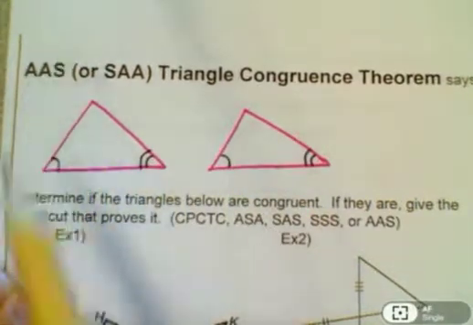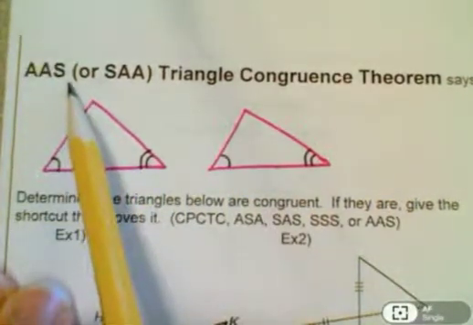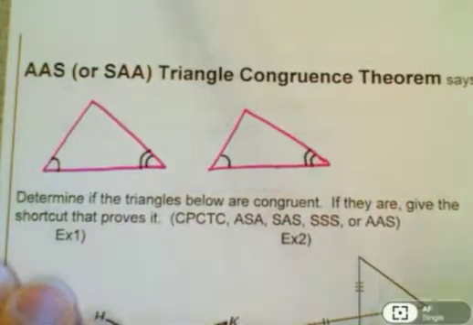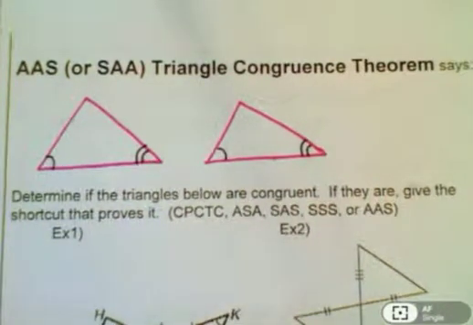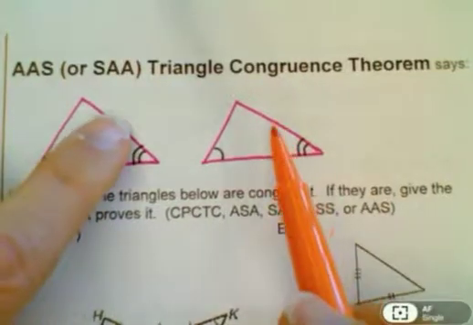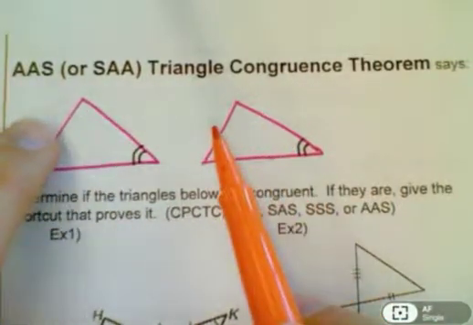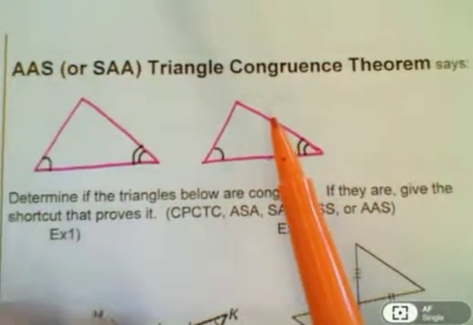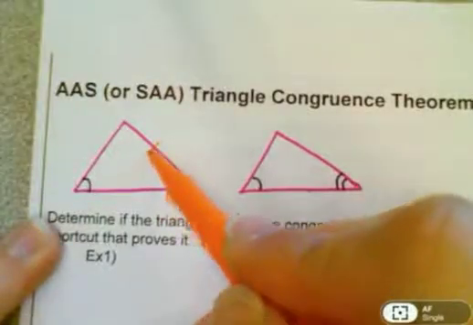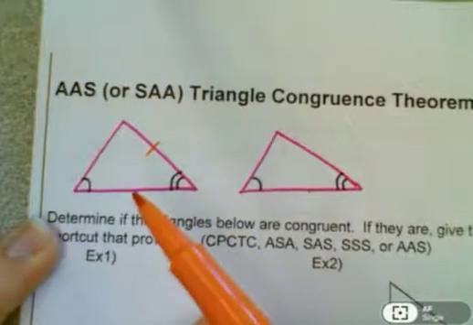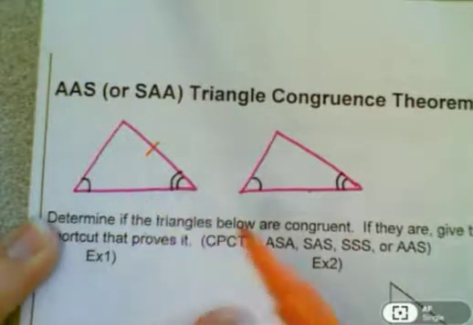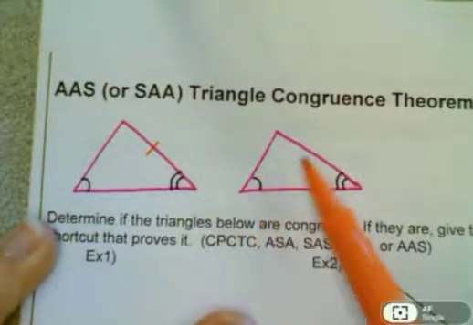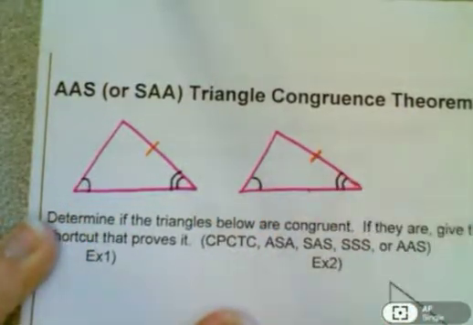But this one means that the side that we know about is not between them. It's some other side. So in this case, it could be either these two sides or these two sides. Be careful, you can't have one of each. If I know the length of that side, then its corresponding part would be the one across from one loop, so I need to make sure that it's congruent with that side.